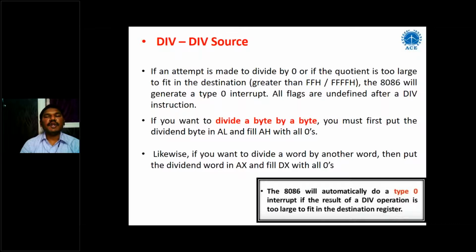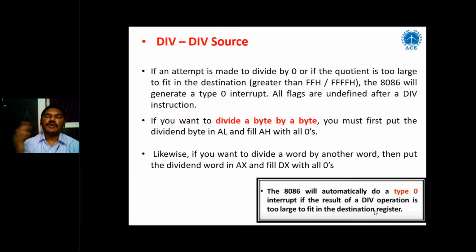Suppose you are dividing any number by 0. According to mathematics, 1 by 0 or something by 0 is infinite, and that will be identified as an interrupt. It's called a type 0 interrupt. So the 8086 will automatically do a type 0 interrupt if the result of a division operation is too large to fit in the destination register.